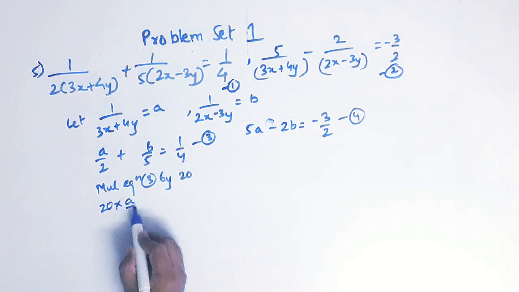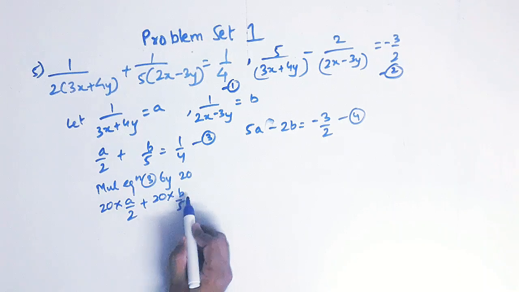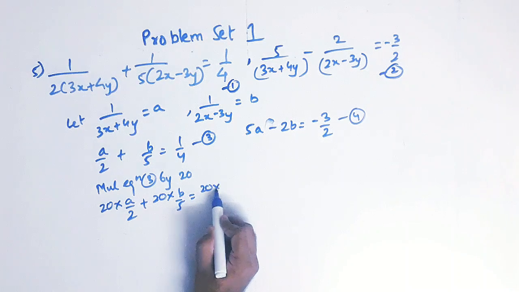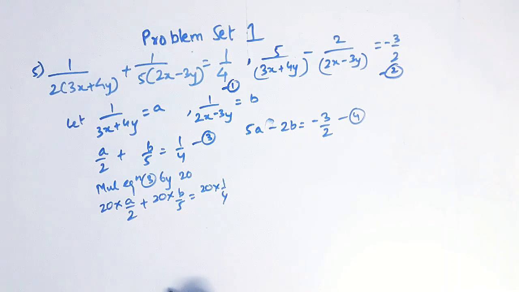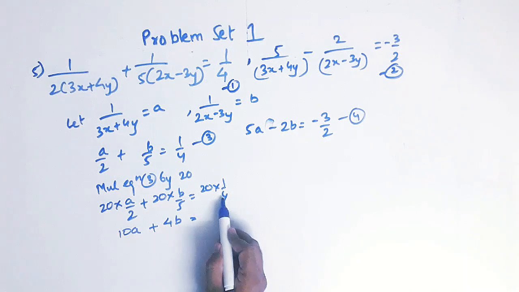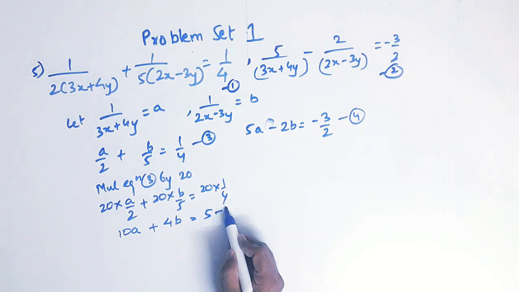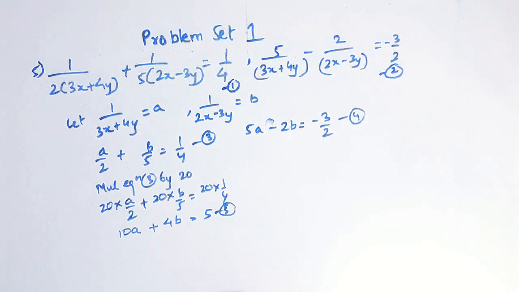Let me show you step by step: 20 into a by 2 plus 20 into b by 5 equals 20 into 1 by 4. So 2 tens are 10a, plus 5 fours are 4b, and 4 fives are 5. 10a plus 4b equals 5. We got a new equation, equation number 5.